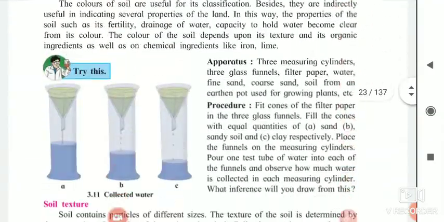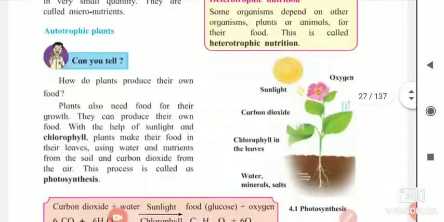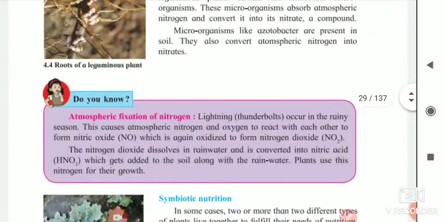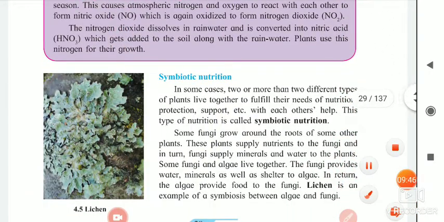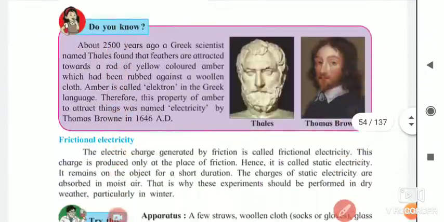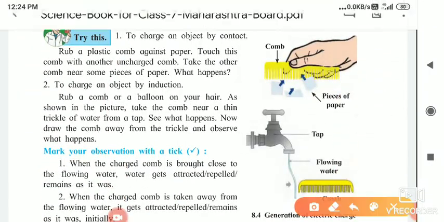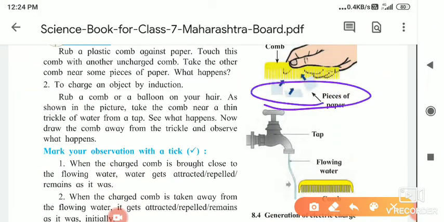Afterwards, I told you the next experiment to study for the exam is the experiment which shows static electricity. Under this you just do this experiment, which is with paper pieces being attracted towards the comb when you rub it on your hair.